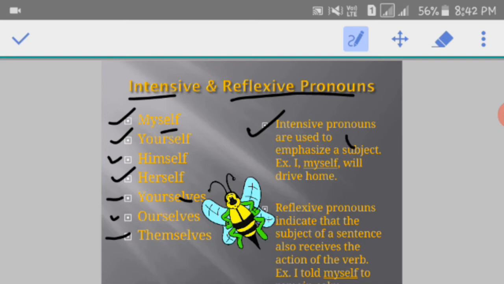First, intensive pronouns are used to emphasize the subject. Emphasize means to put special pressure on it, like "I myself will drive home." Nobody else is going to drive, I myself will drive. Here the word myself is intensive, as I am giving emphasis on myself.